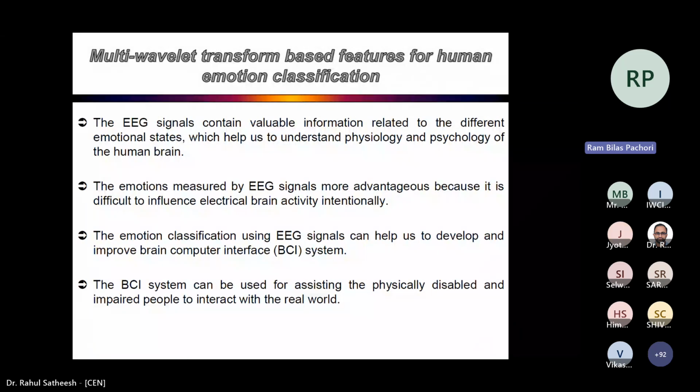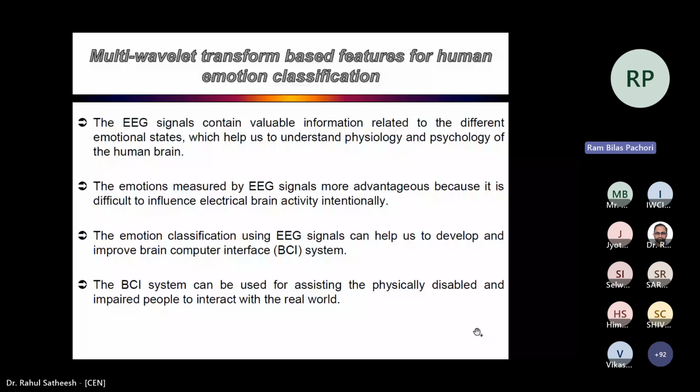After that, there is another very interesting classification problem, that is human emotion classification. That is very useful, and there are various ways to classify emotions, like speech signals. People also use face images.